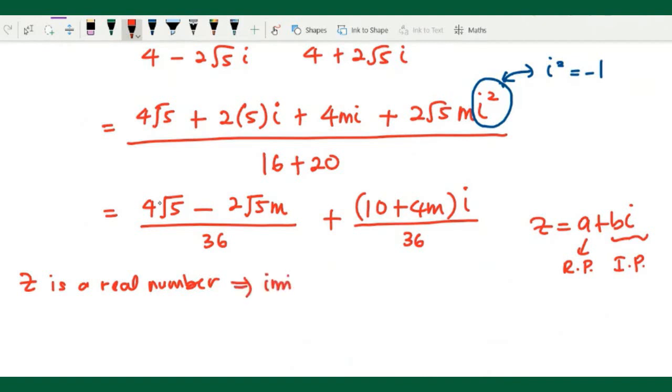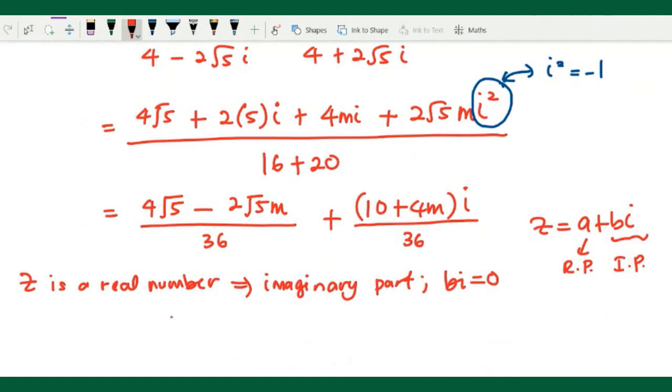Maksudnya imaginary part kita 0, the BI part. The BI, imaginary part, BI is 0. Okay. So kita terus ambil yang the imaginary part tadi tu, kita equate dengan 0.